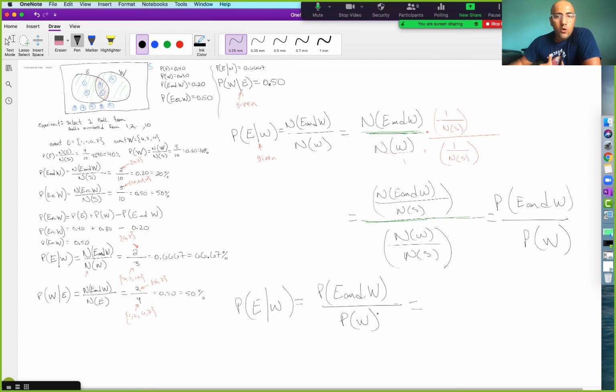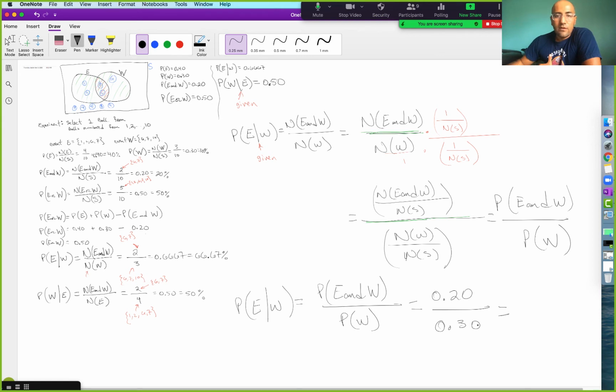We already know that the probability of E given W was equal to 0.6667. The probability of E and W, we know from previous work, was equal to 0.20, and the probability of W was equal to 0.30.